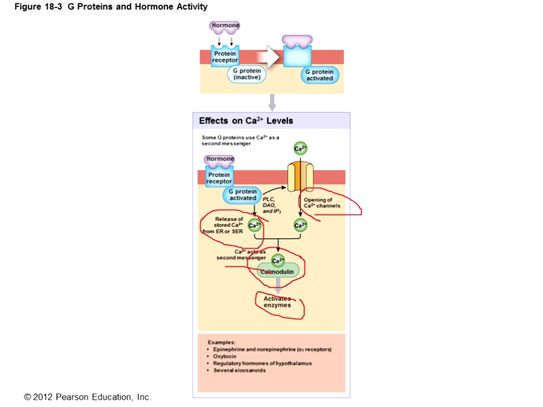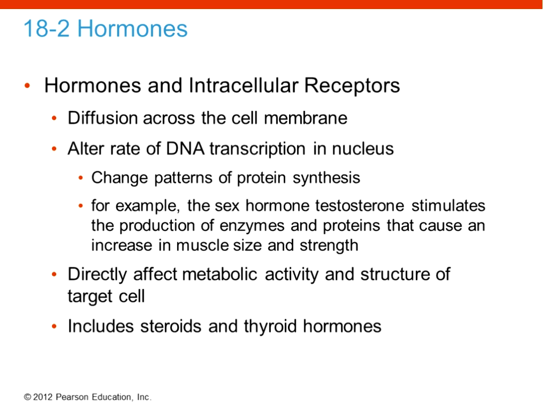Okay, so alpha-1 receptors, oxytocin, certain hypothalamic hormones are going to use this pathway. So basically you have different ways that when a hormone binds, you can increase or have an impact at that target. And this is what happens when the hormone binds at the cell membrane.